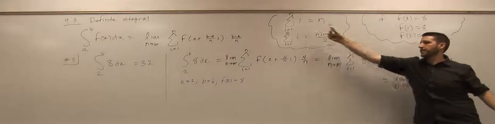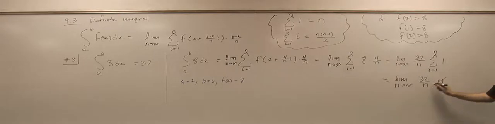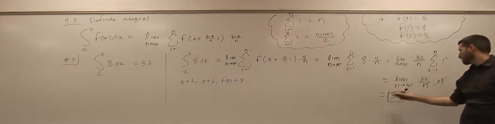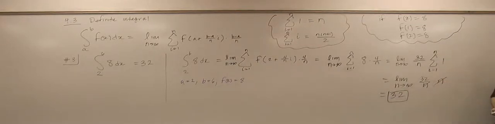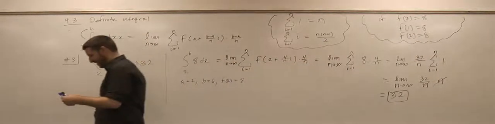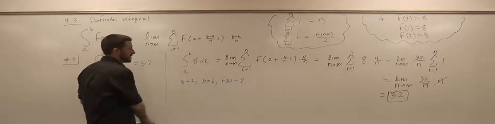The n's cancel. So what's your limit? 32, because there's no n's left. So the limit as n goes to infinity will just be this number. Same as what we got here, with a lot more symbols.